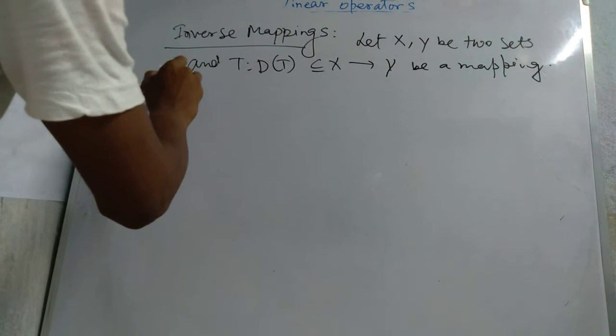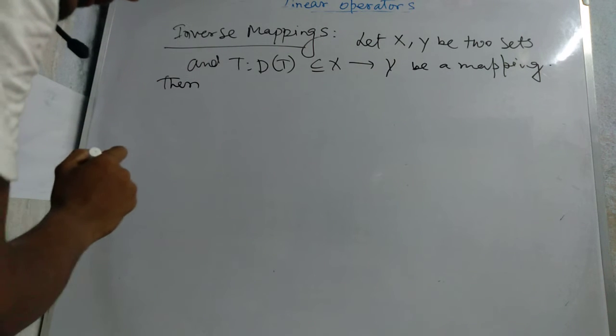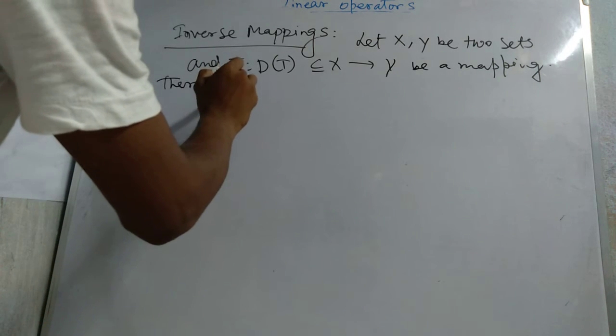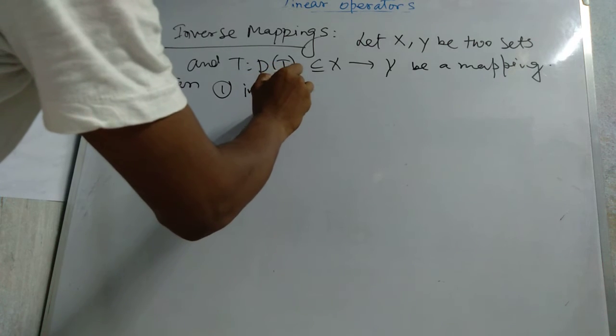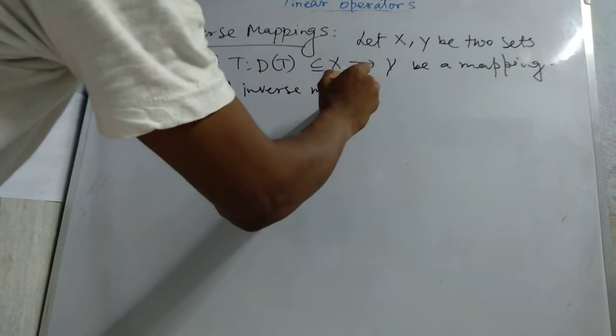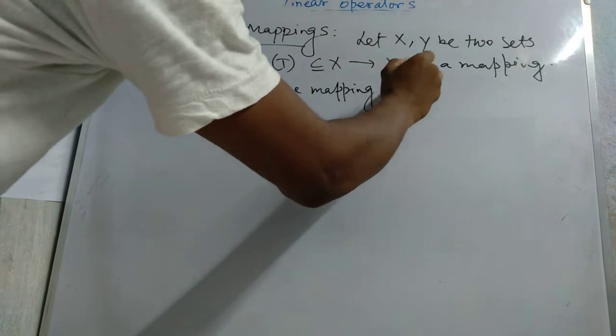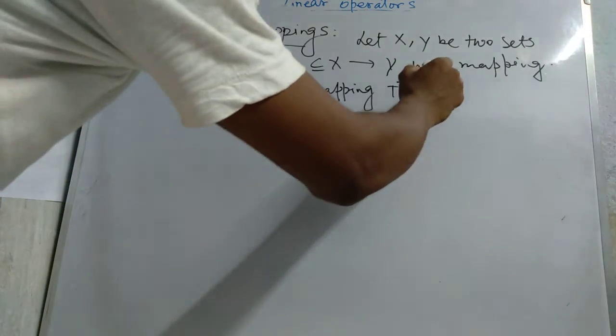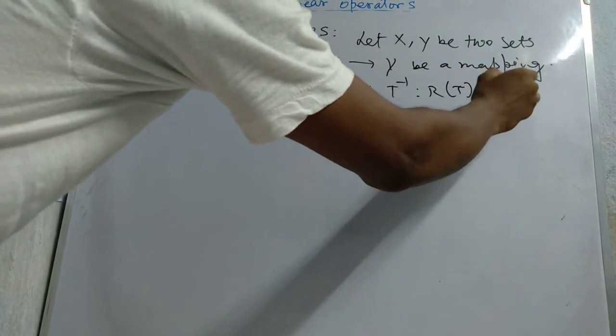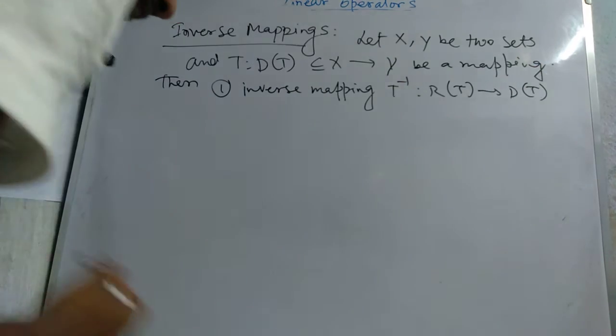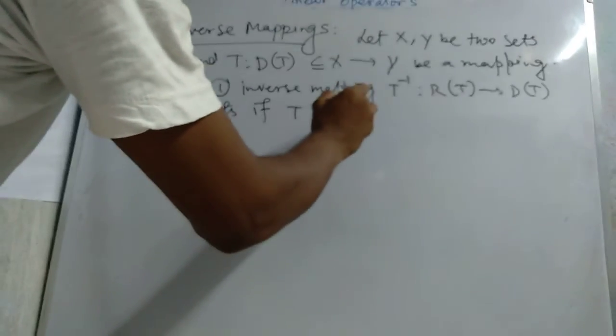Then the inverse mapping T inverse from R(T) to D(T) exists if T is injective.